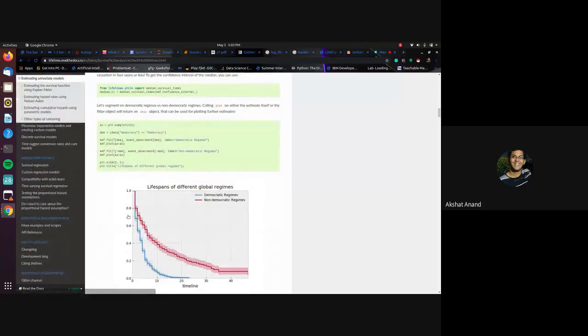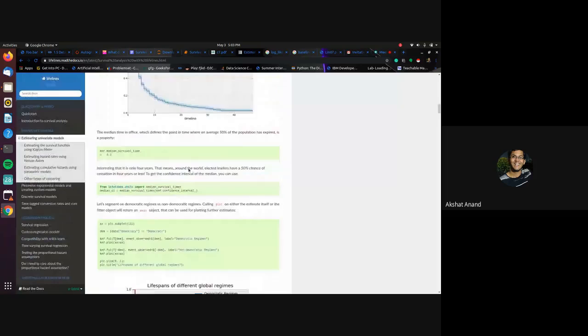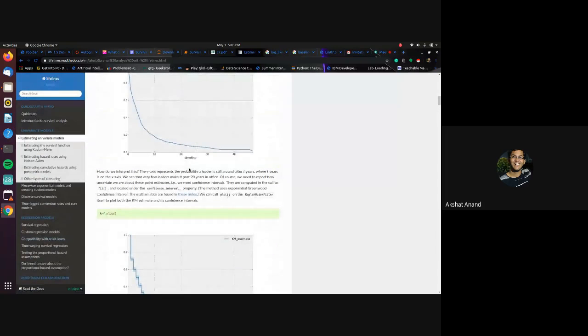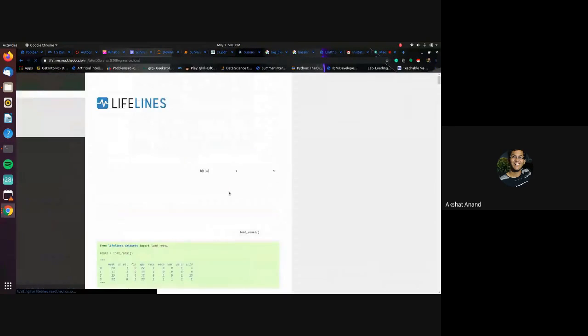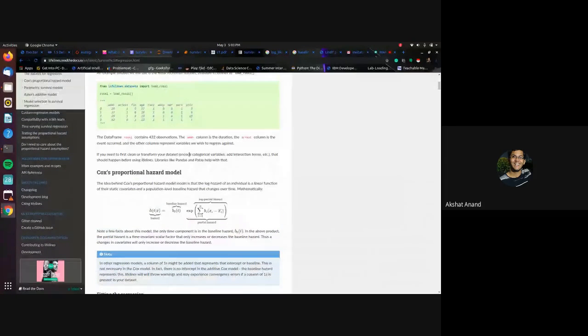So what is the difference from Kaplan-Meier? Kaplan-Meier uses only one particular column for measuring or comparing, but the Cox proportional model generally uses all the features like age and race. Here, for example, we are targeting whether the person will be arrested or not, so we will use all the features to calculate that.